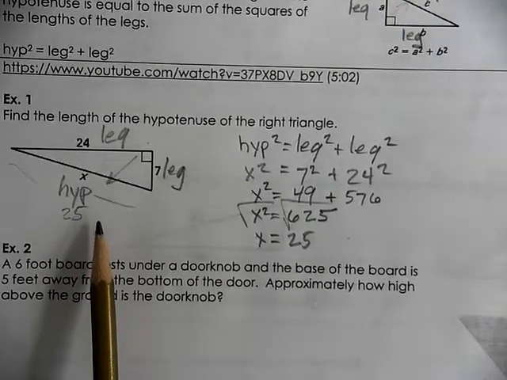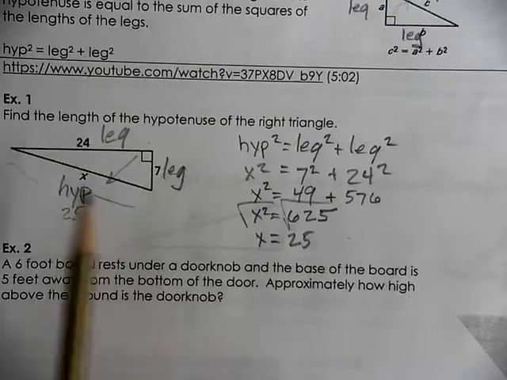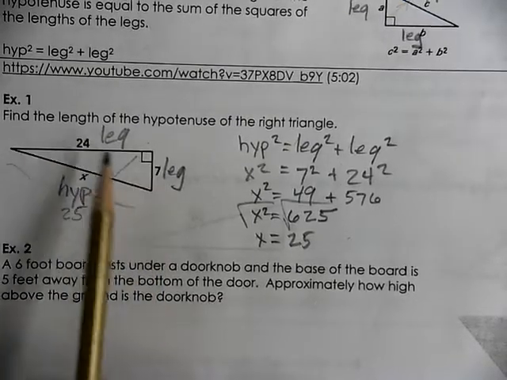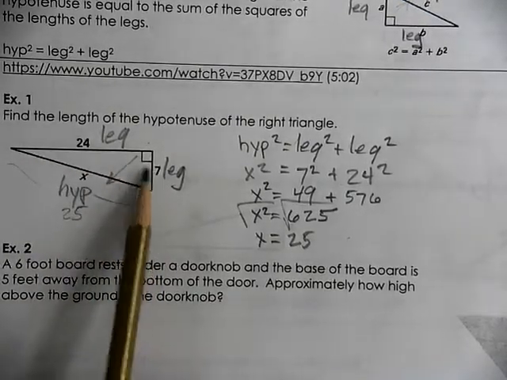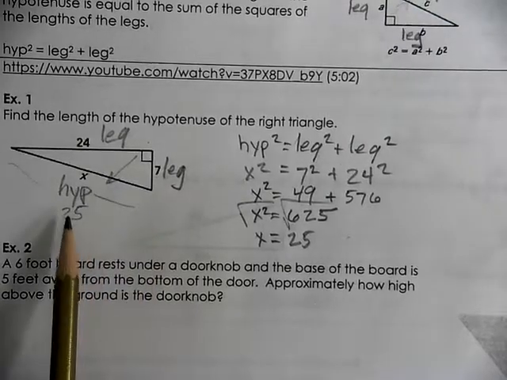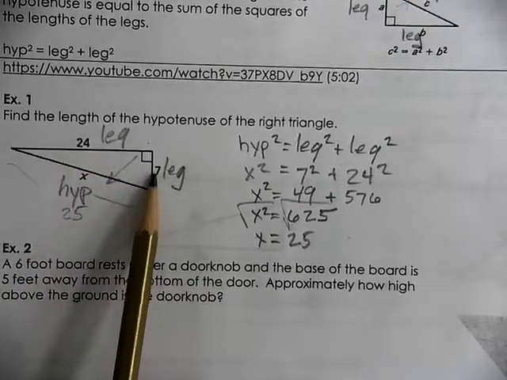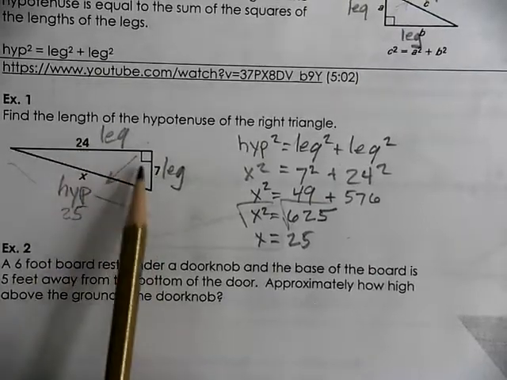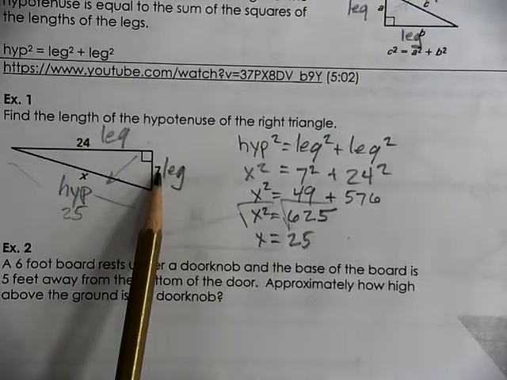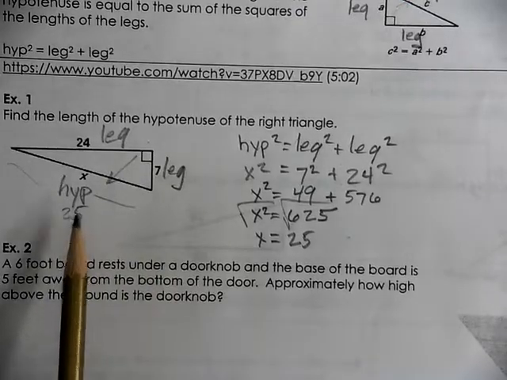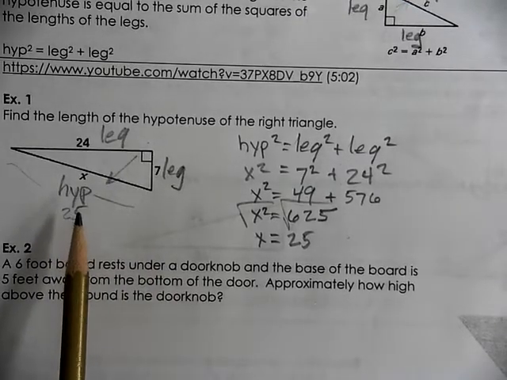Here's another little hint about all right triangles. The two legs will always add up to be more than the hypotenuse. So when they add up, it looks like, to 31, we know the hypotenuse has to be smaller than 31.